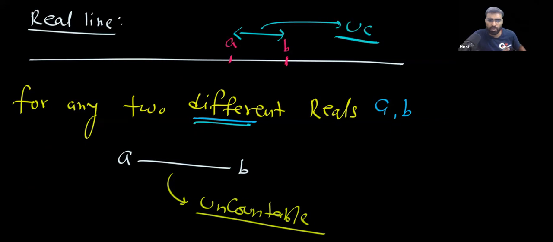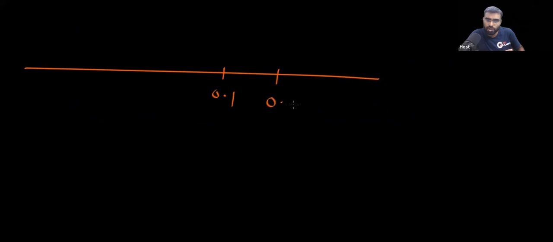You can take any two A, B. For example, you can take A as 0.01 and B as 0.1. Between them also, this range is uncountable.